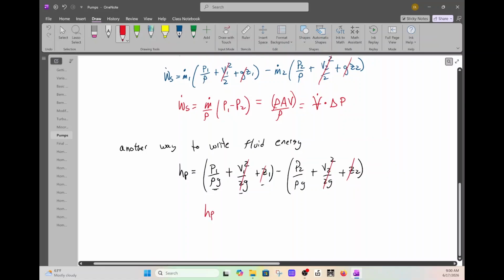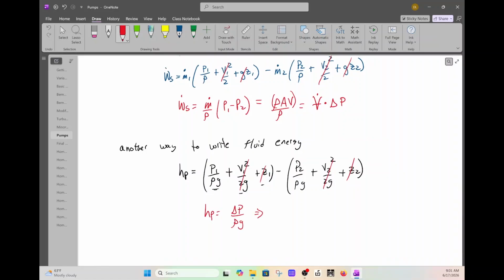And so HP becomes delta P over rho G, or delta P now becomes rho G HP. Okay, so what we can do is we can now plug that into here. So the shaft becomes V dot rho G times HP.